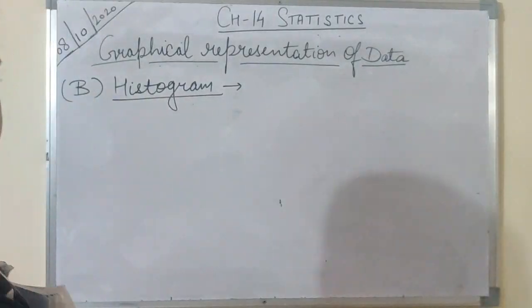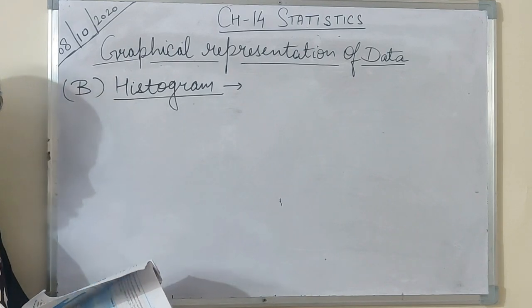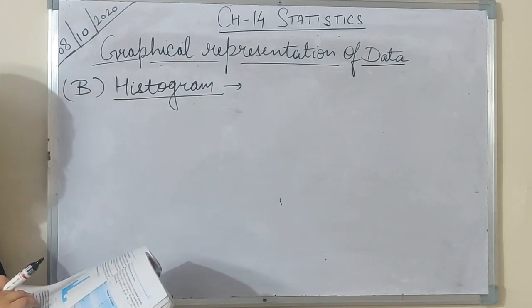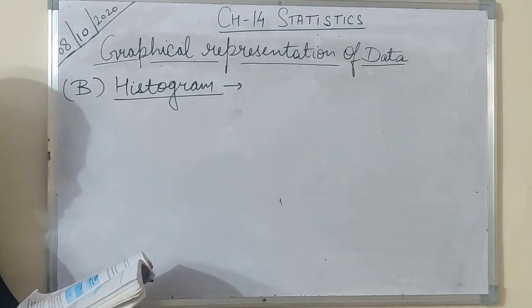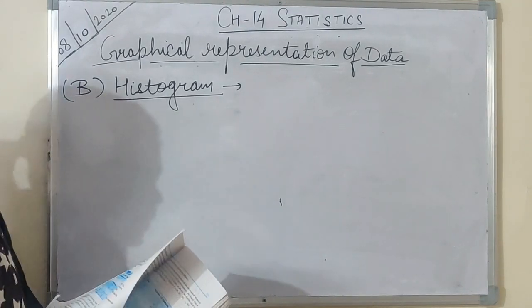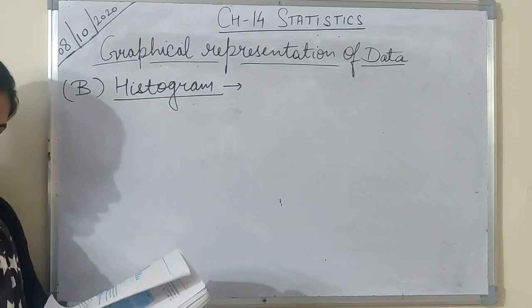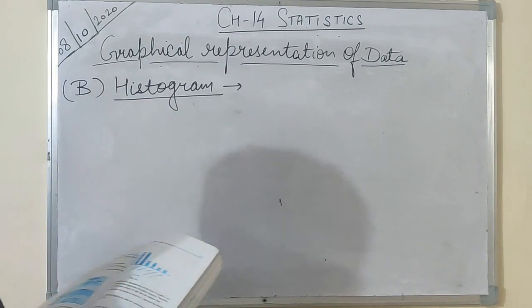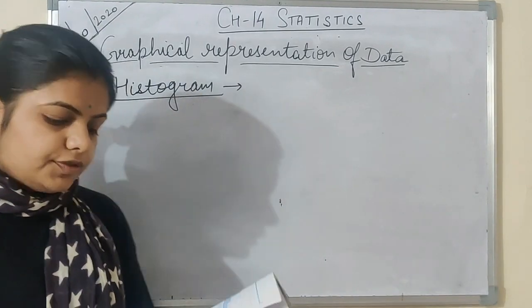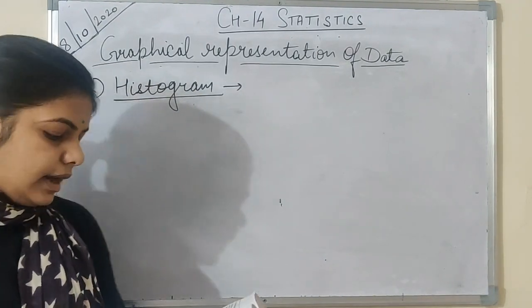So for histogram, we will do one more question. You will see that one question on page number 249 is given, and I am drawing the histogram for that table. That means weights in kg and number of students are given, and I will draw a histogram for that.